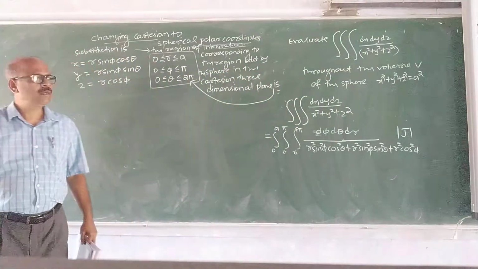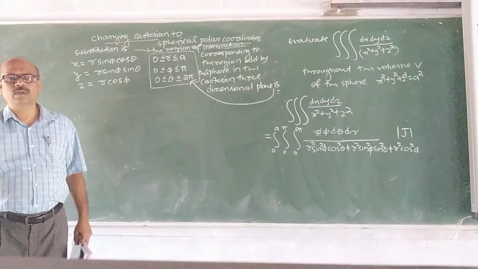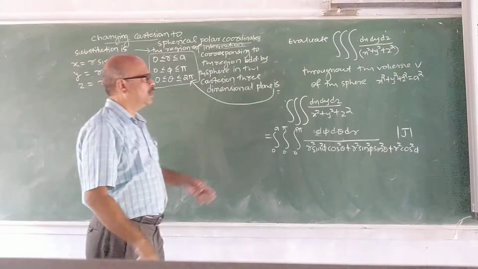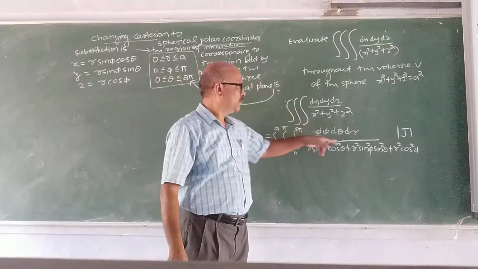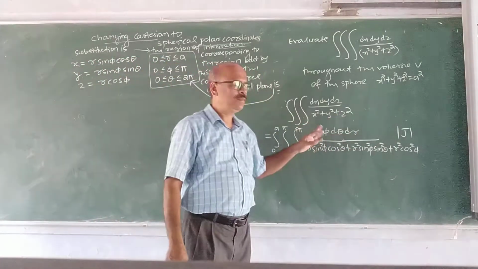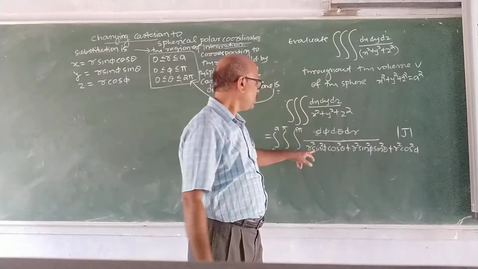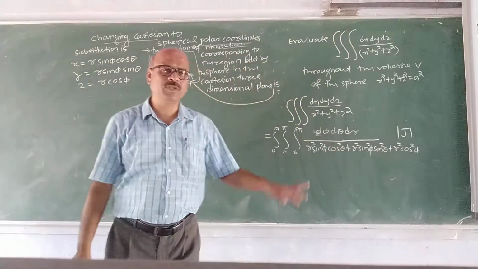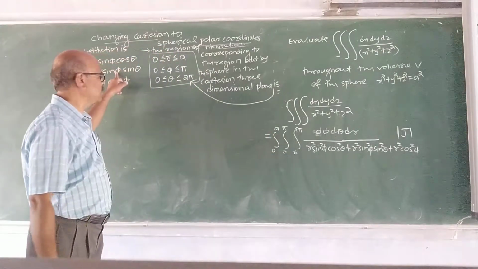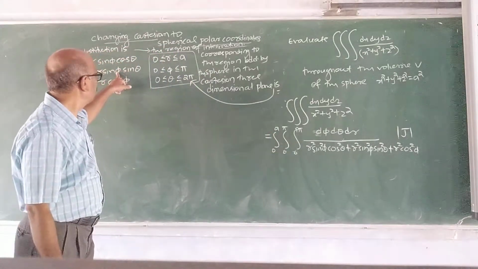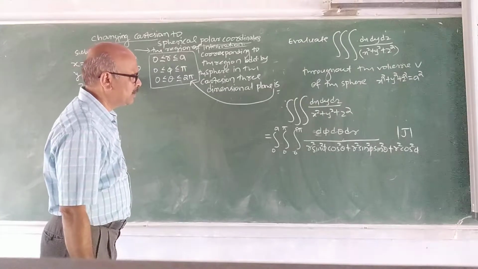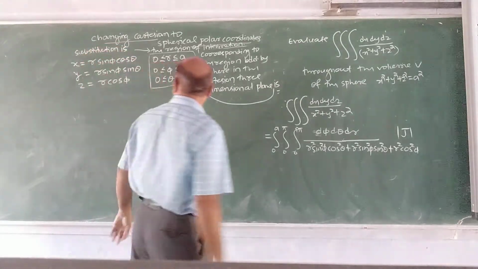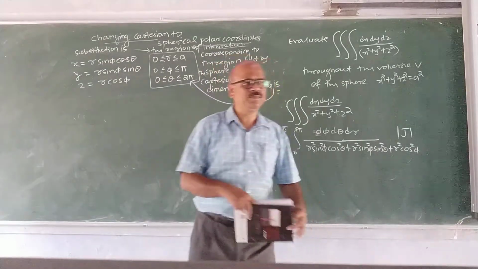This is the rule. By changing of variables, this is the formula, J, where x, y, z are substituted. Correct substitution, no? These values are substituted: sin square phi cos square theta, sin square phi sin square theta, cos square phi.